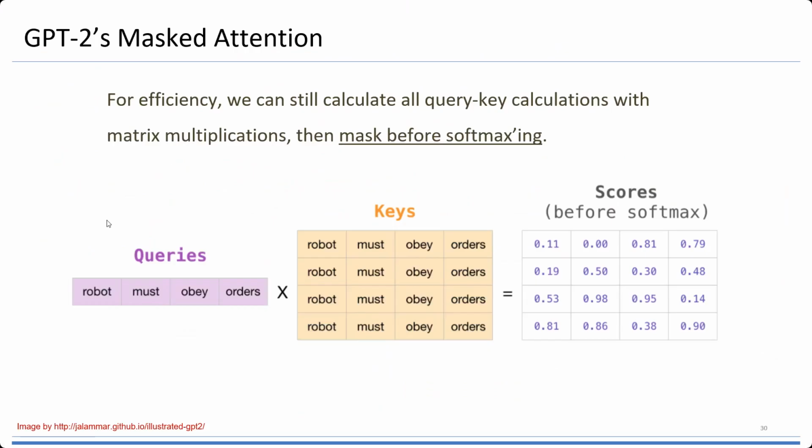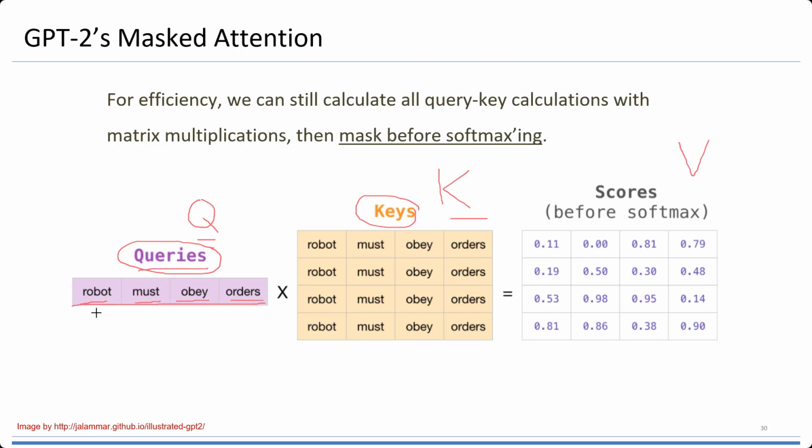This is a simple explanation of how we can understand it from the matrix. If you still remember, in the transformer, we have Q, we have key K, and then we have value V. Now, let's suppose we just look at the Q and the K. For the query, we have the sentence, robot must obey orders.